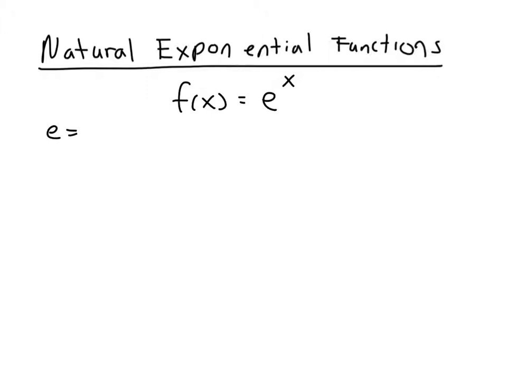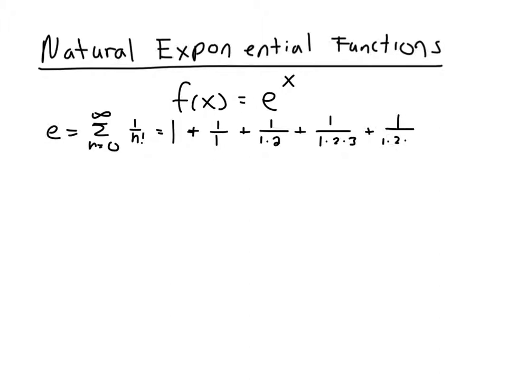So what is e? Just to give you an idea, it's the summation from n equals 0 to infinity of 1 over n factorial, which is just a fancy way of saying it's this series: 1 plus 1 over 1 plus 1 over 1 times 2 plus 1 over 1 times 2 times 3 plus 1 over 1 times 2 times 3 times 4.